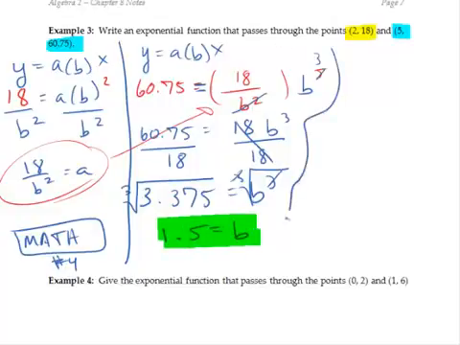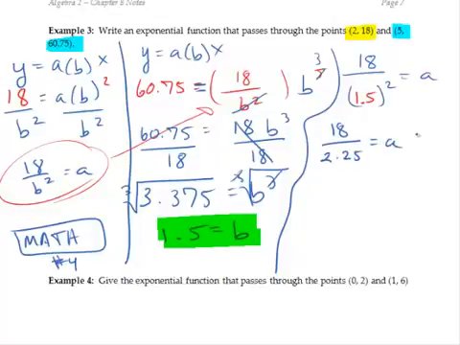And now let's put that back into this piece. So 18 over b squared equals a. We said b is 1.5, and 1.5 squared is 2.25, so 18 over 2.25 equals a, which gives us 8 for a.